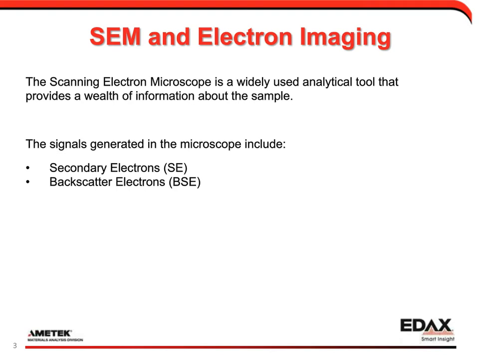Besides the electron imaging, we also generate cathodoluminescence from some samples that we can image in the microscope. It's not as commonly used as the electron imaging, but it's definitely worth mentioning, and it has some specific applications. So these are mostly the imaging signals.